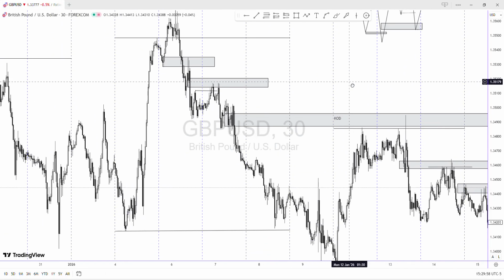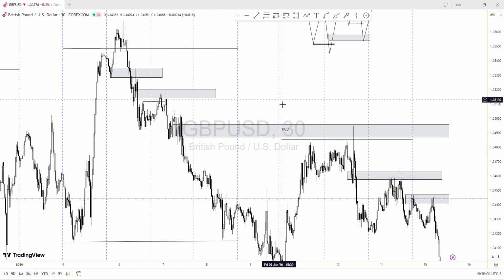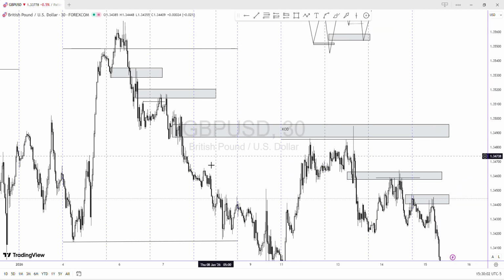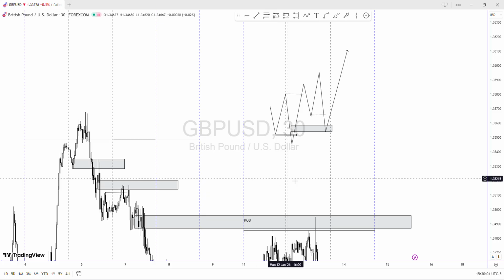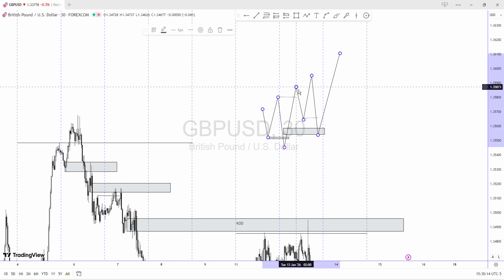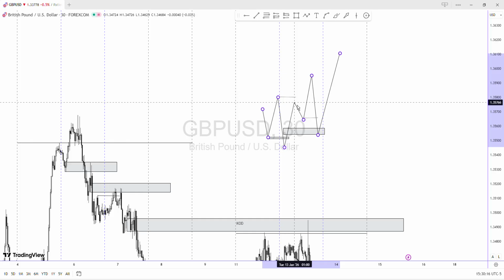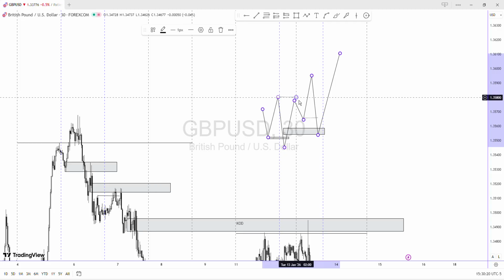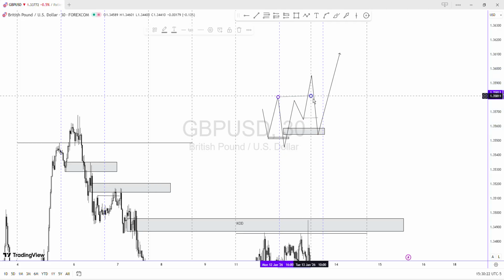All right. So this is it. You need to understand that inducement liquidity is the first pullback after a break of structure or before a break of structure. Sometimes the break of structure is not complete. Sometimes it comes like this, and then it breaks the structure here.